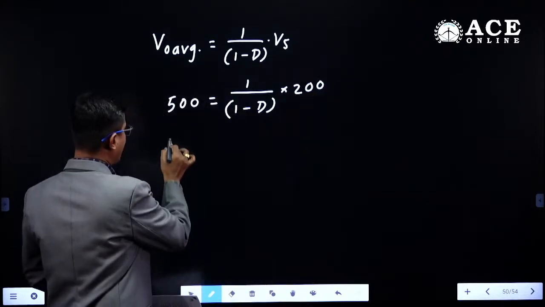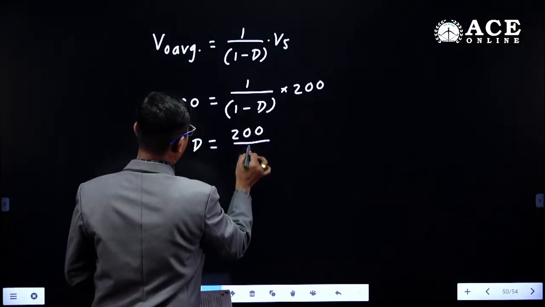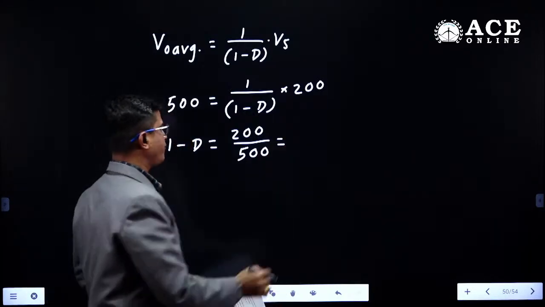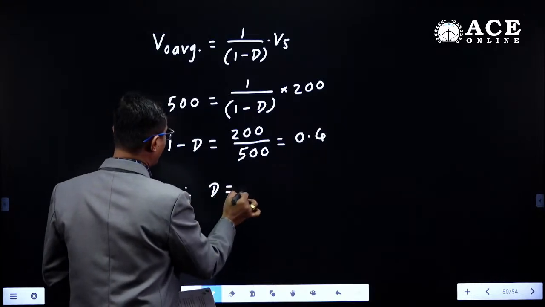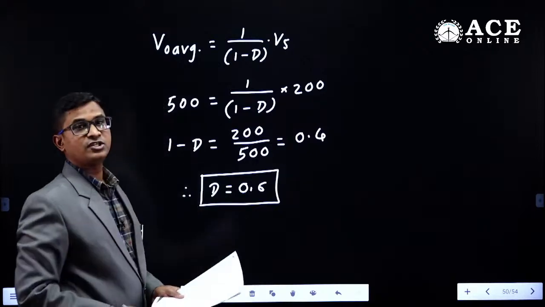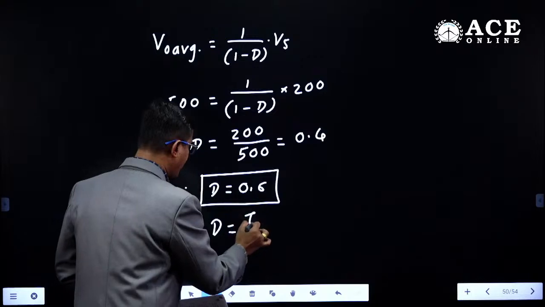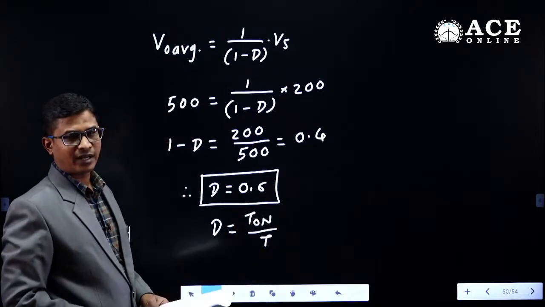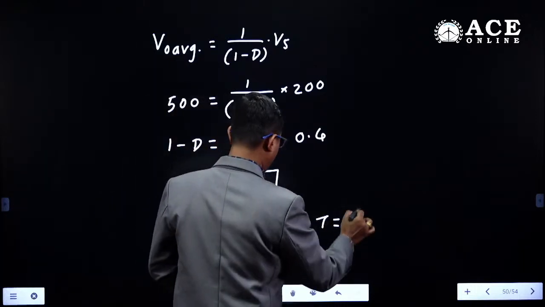From this I can write 1 minus D is equal to 200 by 500, which is 2 by 5, that is 0.4. So D is equal to 0.6. So the duty cycle is 0.6. We know D is equal to T on by T. So from this we can write T is equal to T on by D.